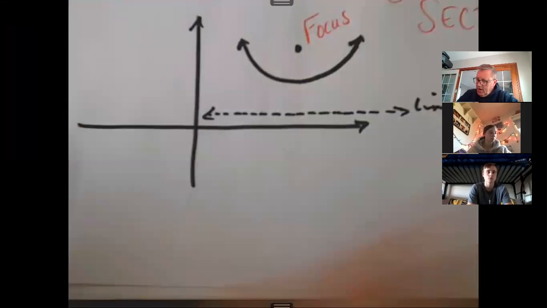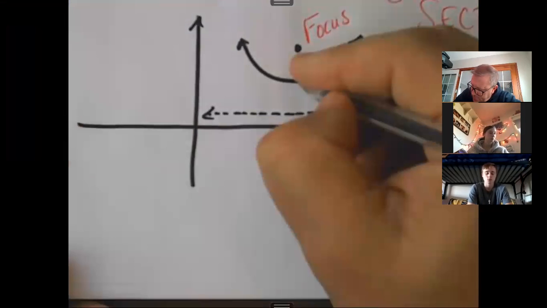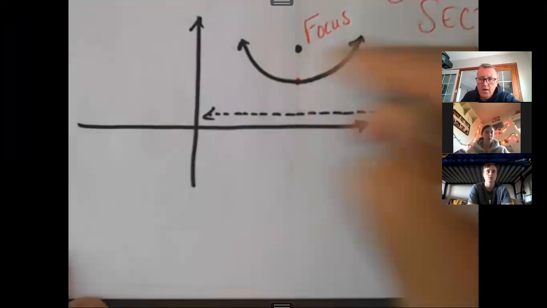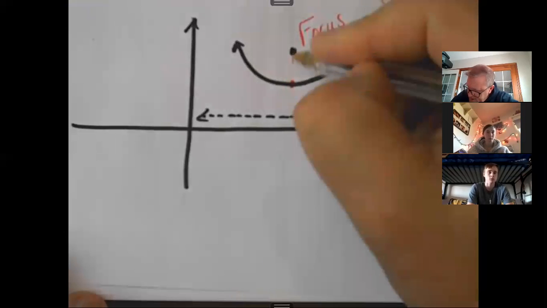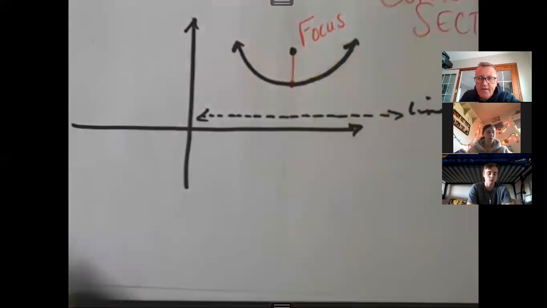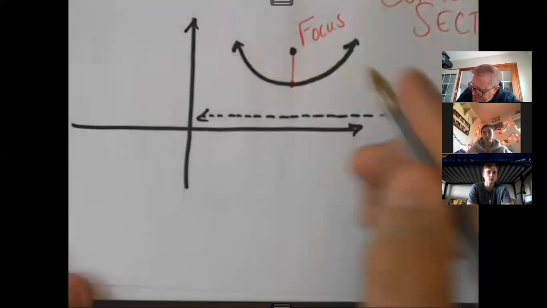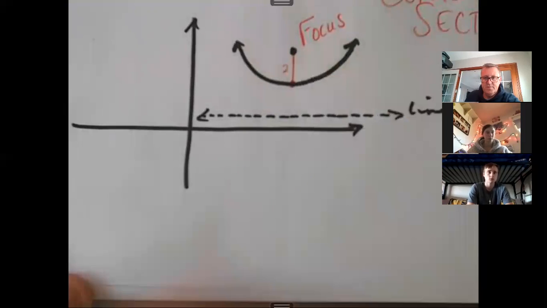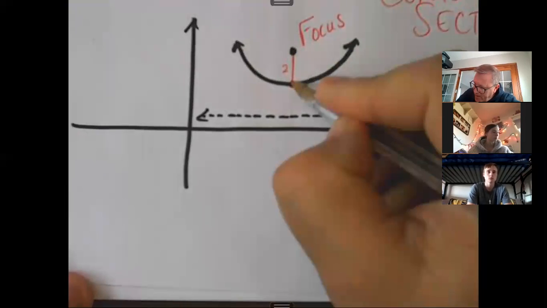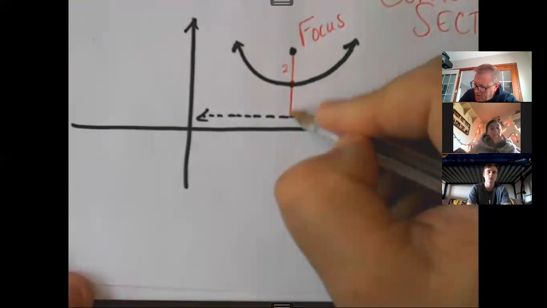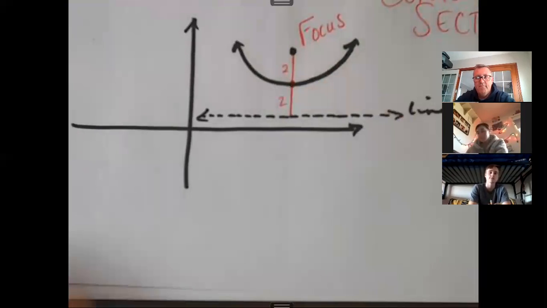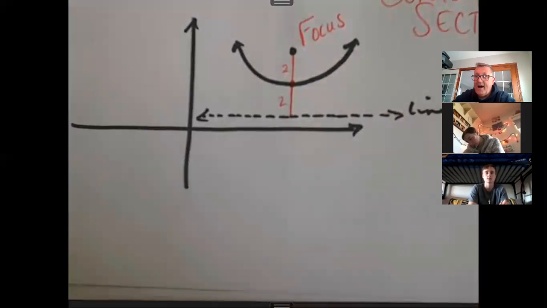So now look, if I go from the parabola to the focus, and let's just say that that length is 2. Then the length from that point on the parabola to the directrix is also 2. Always.